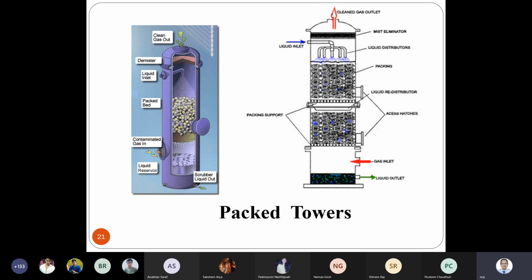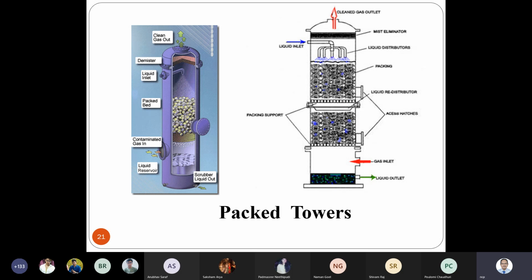So this is the kind of thing that is used. Sometimes if the size of this packed tower is large, a tall tower, then what will happen, as I mentioned before, is that liquid may come towards the wall and it will not be distributed properly throughout this packed material, and for that this kind of arrangement is used, right? We collect the liquid and again redistribute it over the next section of the packing material, right?